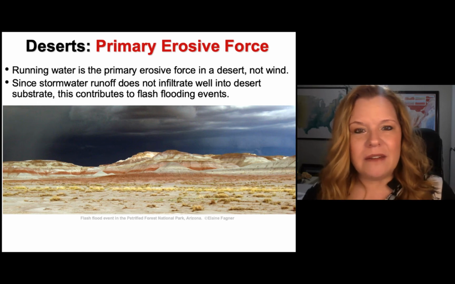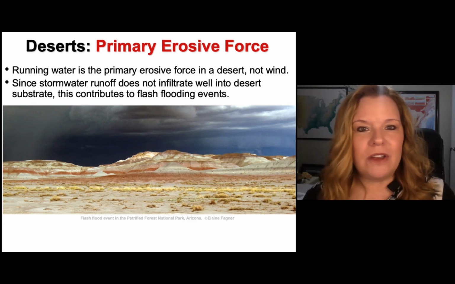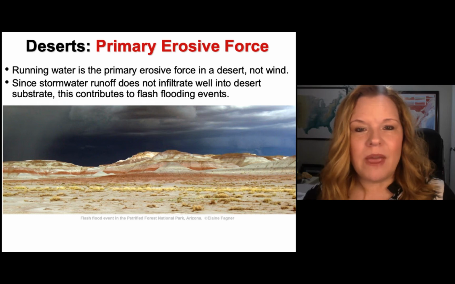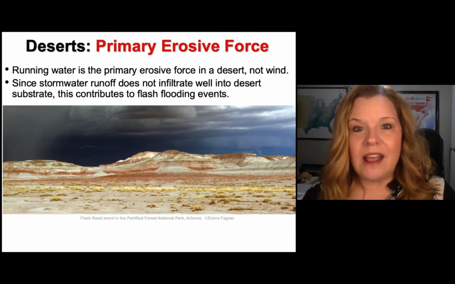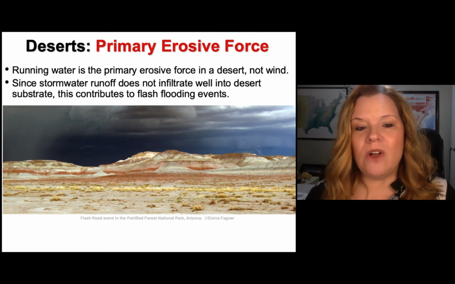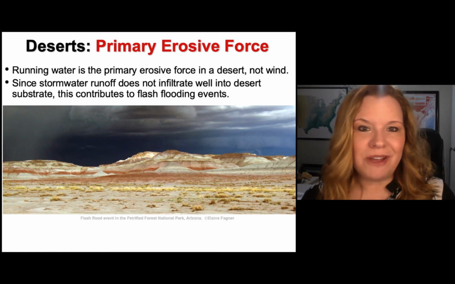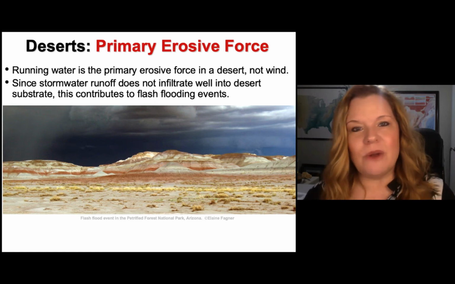And I had students that were a good half mile or more away from the vehicle on one of these trails looking at petrified wood, and we could literally start to see horizontal rain, and the wind was just blowing all the quartz that had weathered out of these petrified logs straight into our faces.